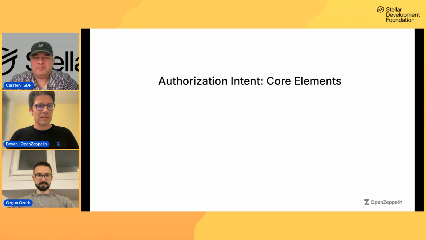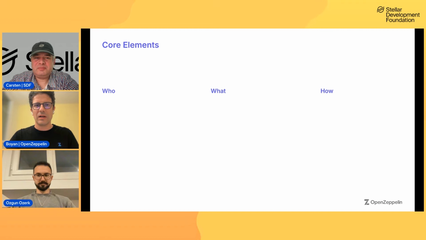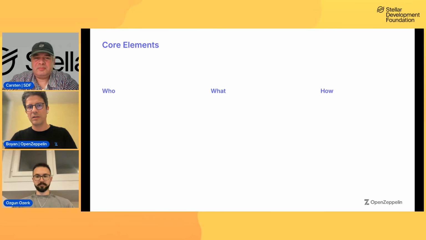The next part of the definition talked about authorization intents. We'll see what are the core elements of the authorization intent. We can examine this by answering these three questions.